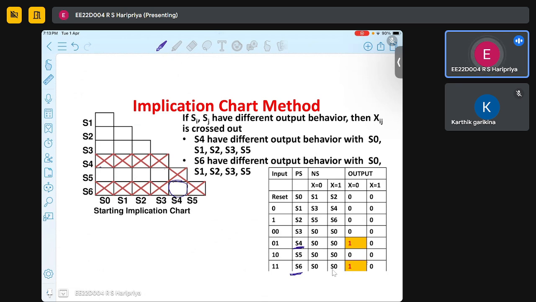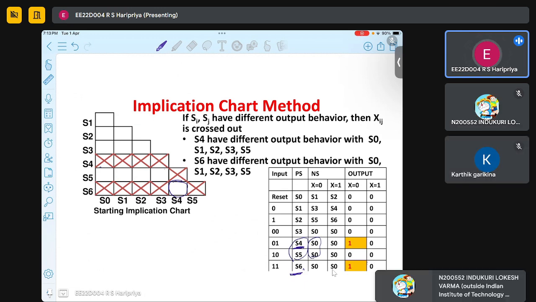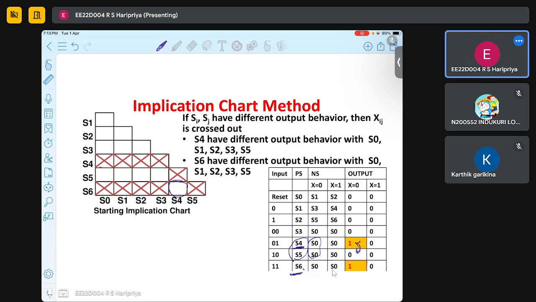If they are different, we eliminate those. For example, if S4 and S5 become same also, because outputs are different, those two states can never be equal. So we can eliminate safely wherever the output is different.